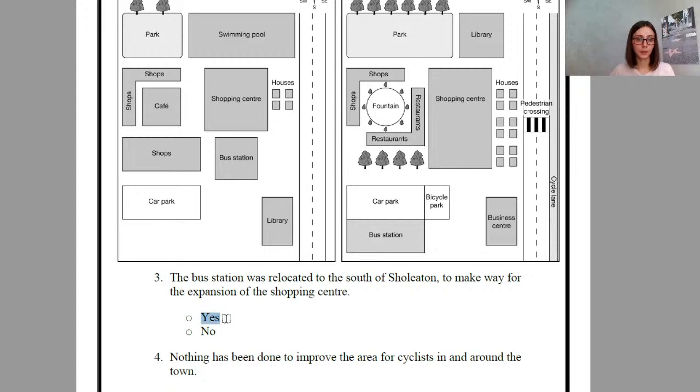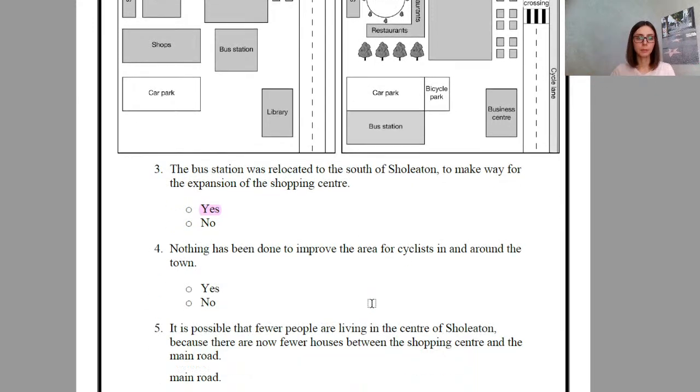And the answer is yes. We can see that there was the bus station here, but then it was relocated to the south. And you can see that the shopping center was extended. It became much larger.